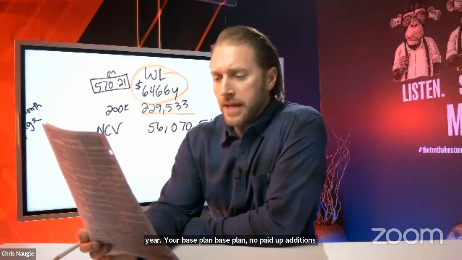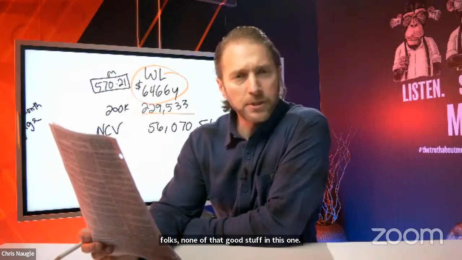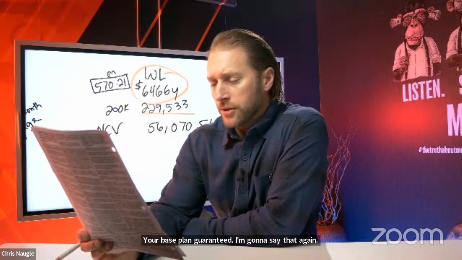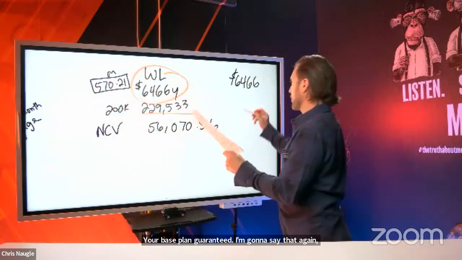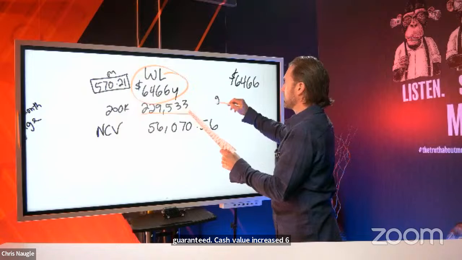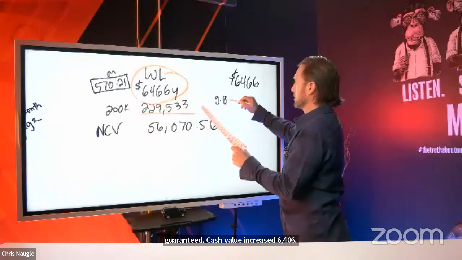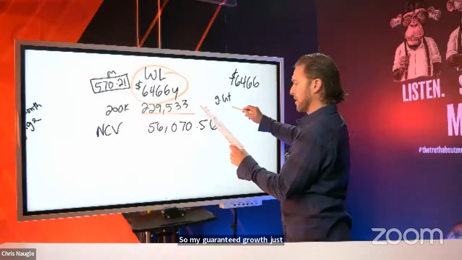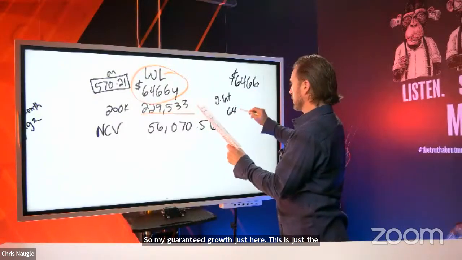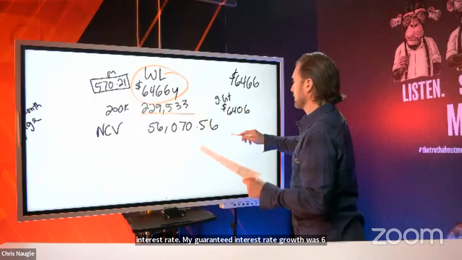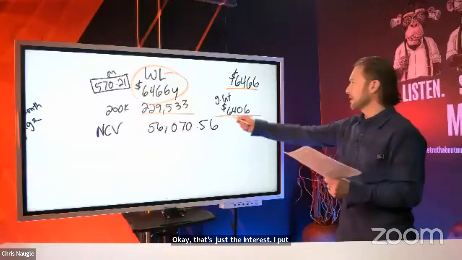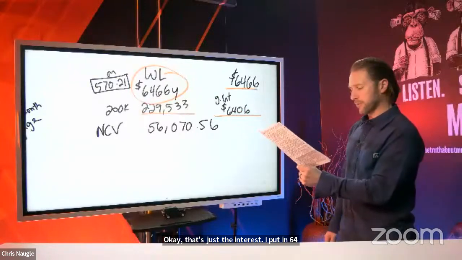Your base plan guaranteed, I'm going to say that again, guaranteed, cash value increased 6,406. So my guaranteed growth, this is just the interest rate. My guaranteed interest rate growth was $6,406. Okay. That's just the interest. I put in 6,466. My guaranteed growth was 6,406.